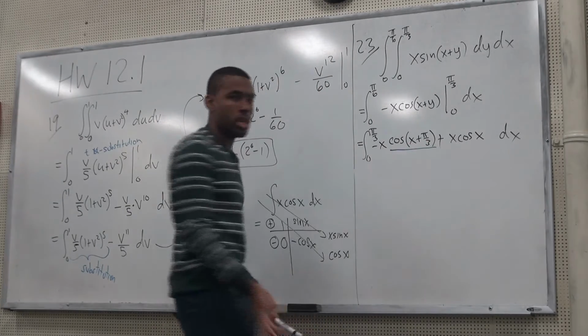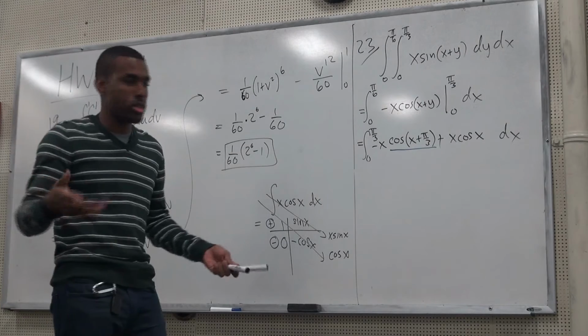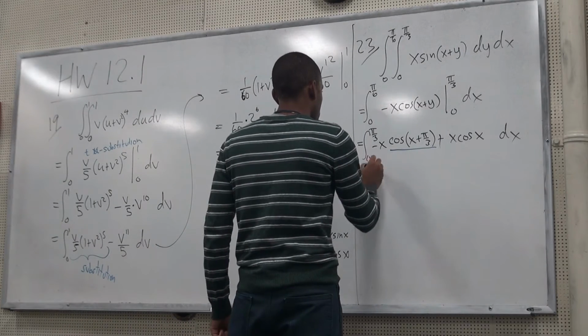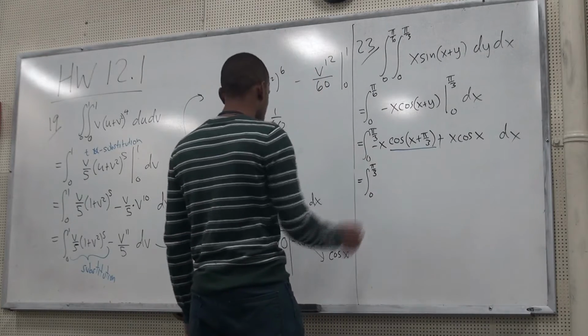The plus pi over 3 is not going to matter, right? Because you do a u substitution, it's going to die anyway. So you just bring the angle with you. And then this is, of course, a negative.